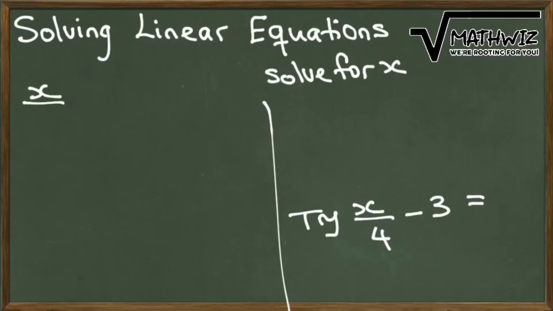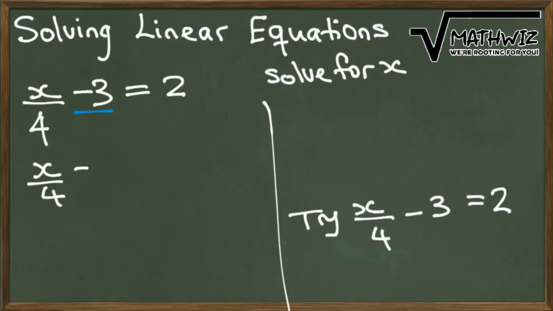Right, so we have x over 4 minus 3 is equal to 2. And so the -3, when you take it across, is going to become +3.